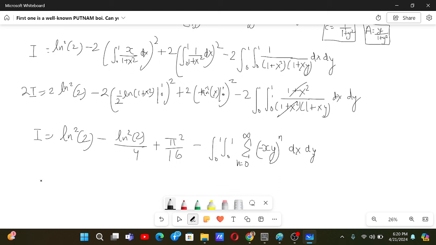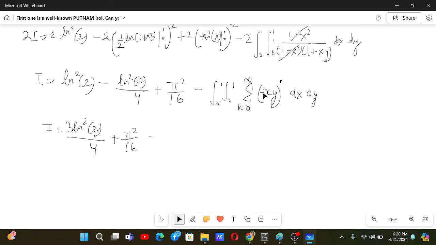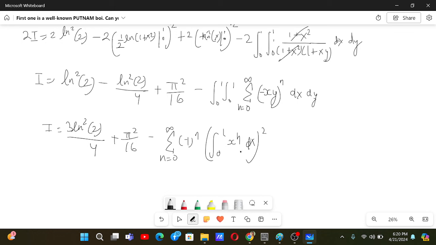So I now have I equals ln squared 2 minus, that means 3 ln squared 2 by 4 plus pi squared by 16 minus, now these two are also the same integrals with x and with y respectively, so I can interchange the sum and integral, and write this as minus 1 to the power n, integral from 0 to 1 of x to the power n dx, and then square this one.